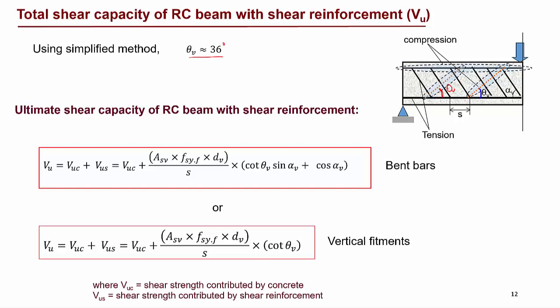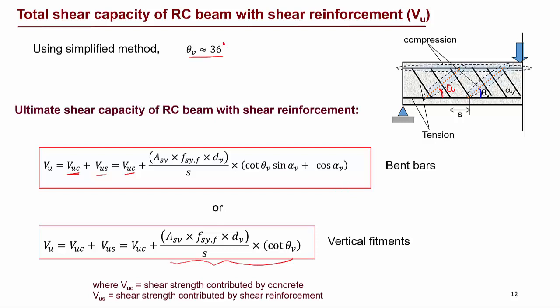And the ultimate shear capacity of the reinforced concrete beam with the shear reinforcement is the combination of the contribution from the concrete plus the contribution from the steel. So it is Vuc, we can find out using the empirical formula that we discussed earlier, and Vus for the bent bars is given by this equation, and for the vertical bar it is simplified to this equation.